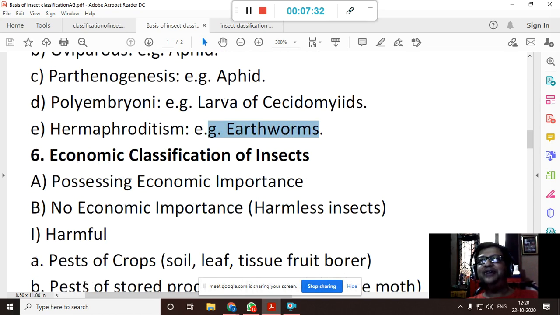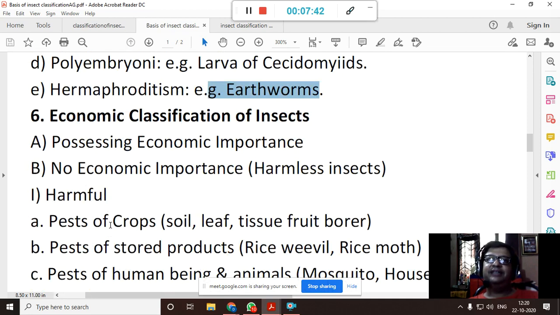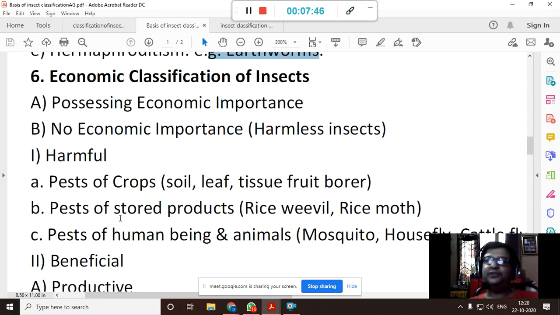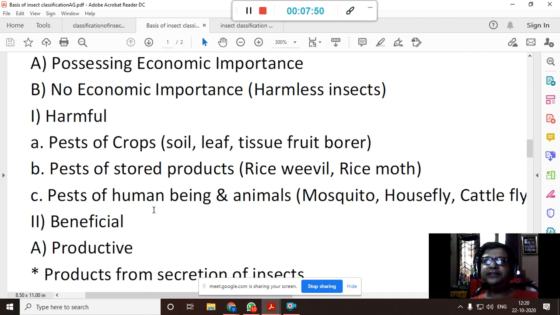Okay. Then you have economic classification of insects. Some possess no economic importance. Some possess economic importance. They can be harmful. They can be pests, such as pests of stored products inside godowns. They can be pests of humans. Mosquitoes bite and are pests.